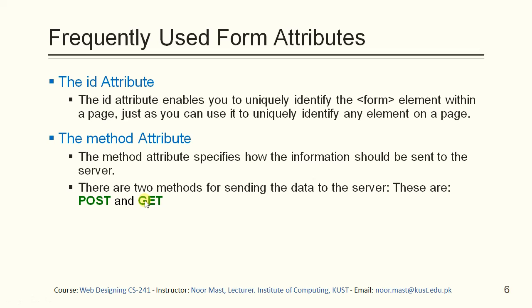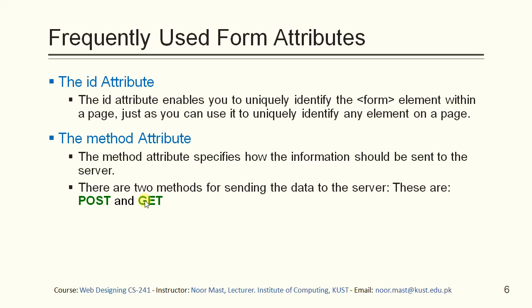The get method is ideal for short forms such as search boxes or when you are just retrieving data from the web server, not sending information that should be added to or deleted from a database.